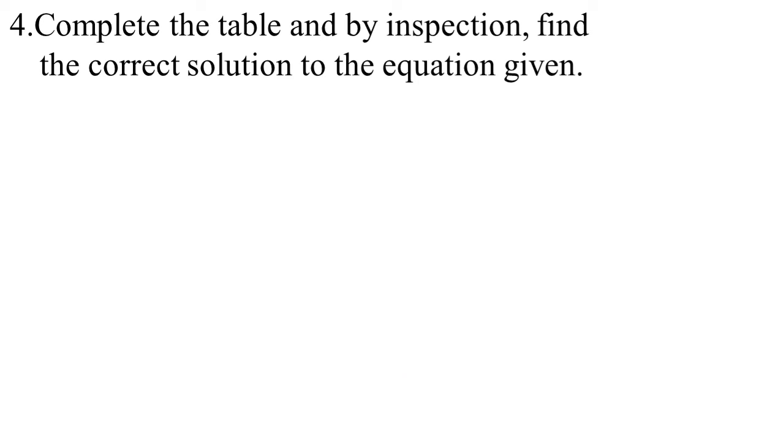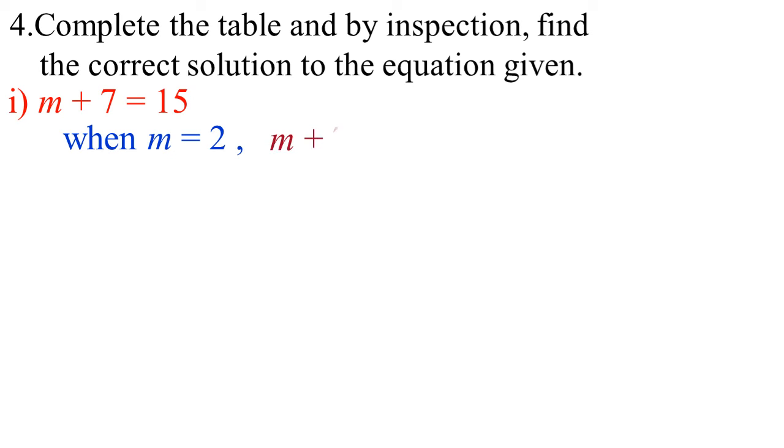The fourth one, complete the table and by inspection find the correct solution to the equation given. The given equation is m plus 7 equal to 15. Let us substitute the values of the variable m. So when m equal to 2, the left hand side expression is m plus 7. So we get 2 plus 7, we get 9.